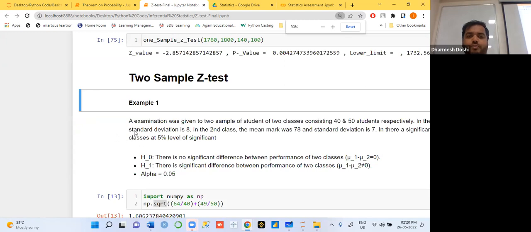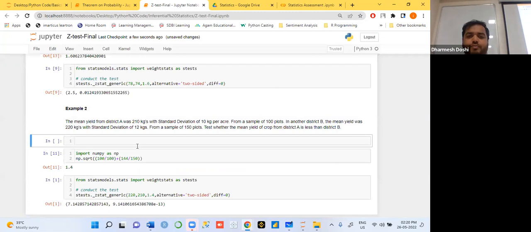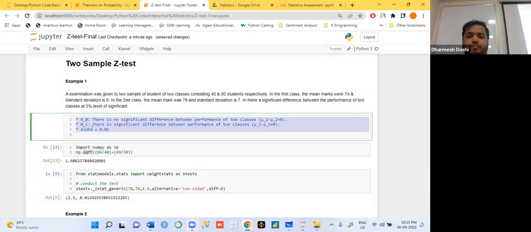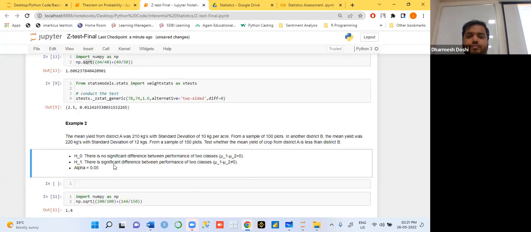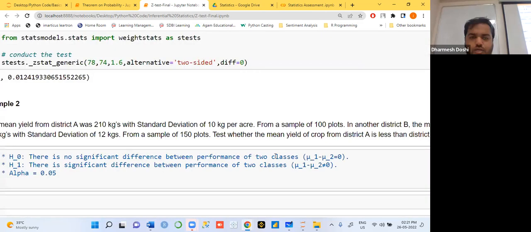What is the hypothesis we have written over here? The difference between two different classes, between district A and B.